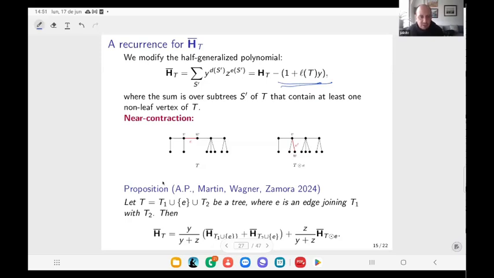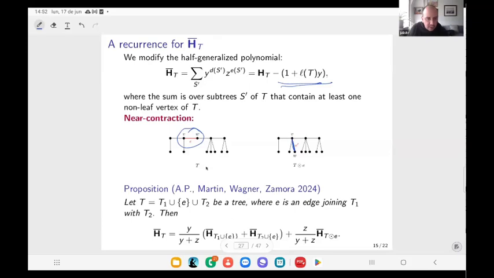Then we need to introduce an operation called near contraction. The basic idea of near contraction is that I contract this edge, but I transform it into a new edge. Basically I contract and then I add a leaf at the vertex I contracted. I don't know if the near contraction is clear.